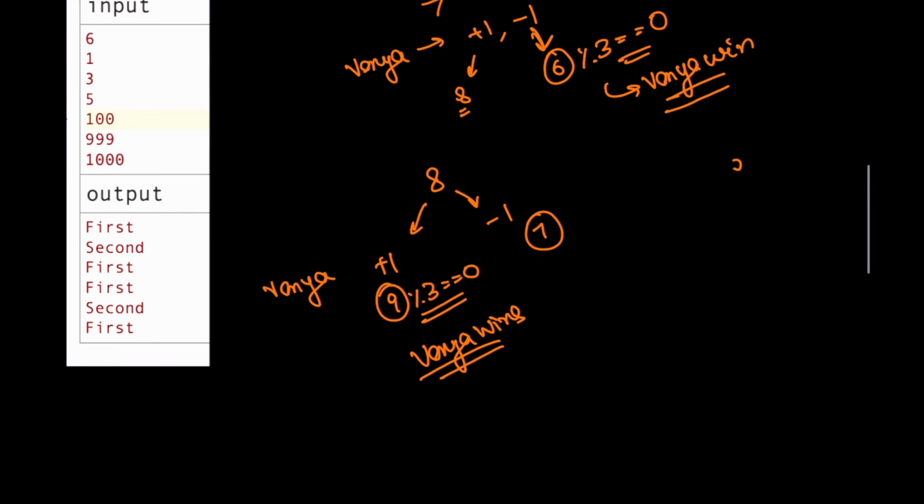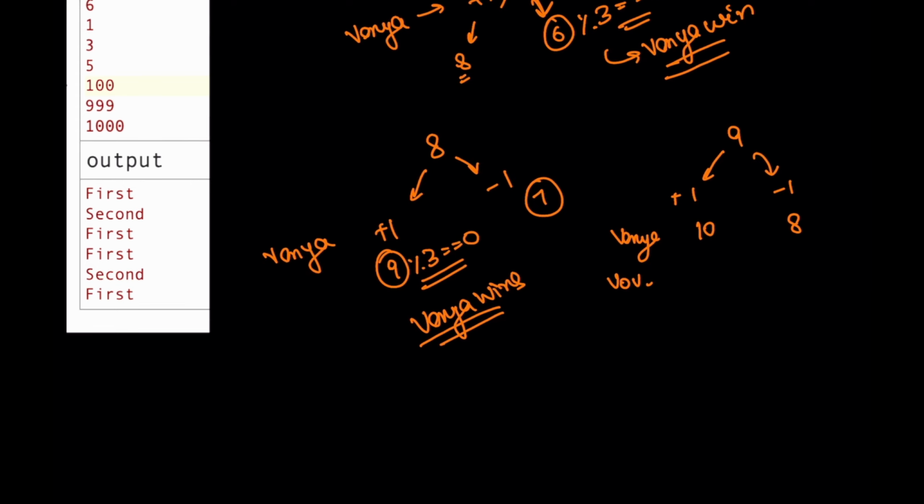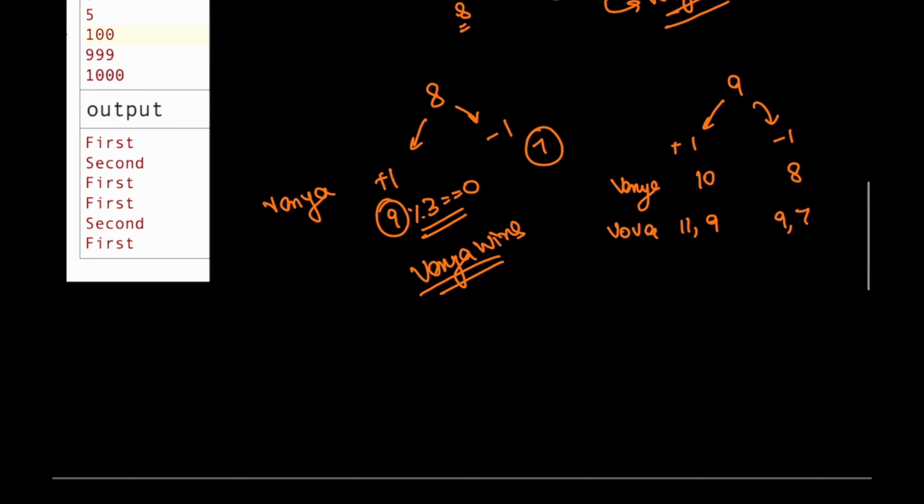Now let's take the number 9. There are two options, +1 and -1. Vanya would make it either 10 or 8. Then Vova would come, and it will be either 11 or 9, or 9 or 7. Again Vanya would come, and we can have 8, 10, 12.